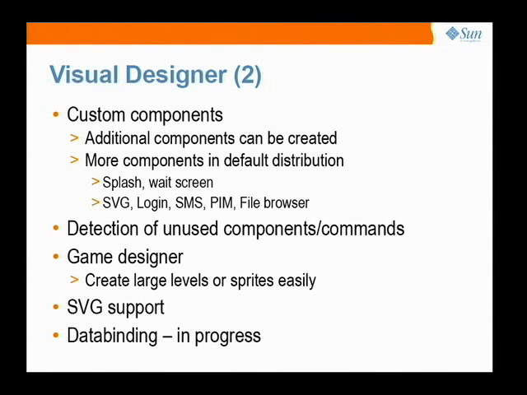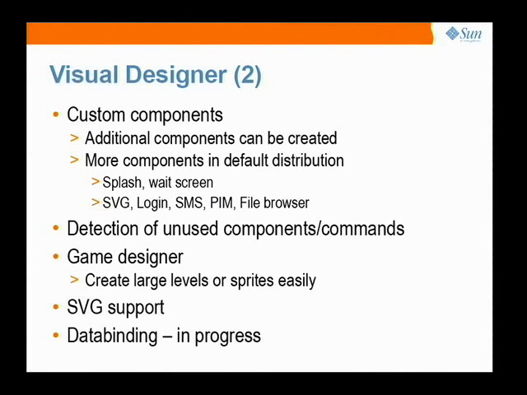There are more advanced features like optimization. We can detect unused commands and components, which allows me to optimize my application. In Java ME, every byte counts. There is a new game designer which helps developers create whole levels or animated sprites.